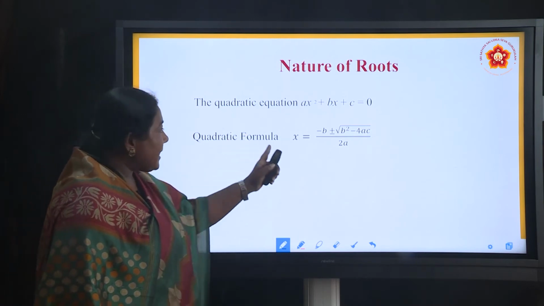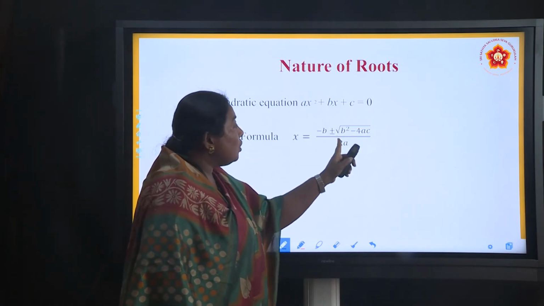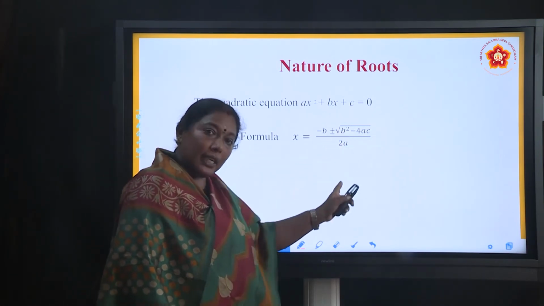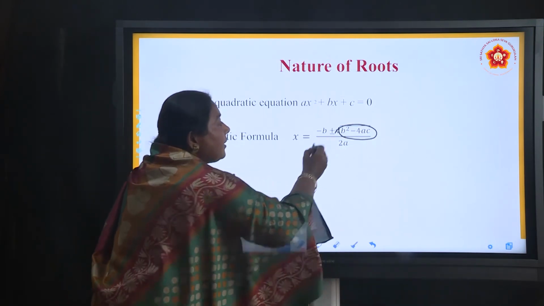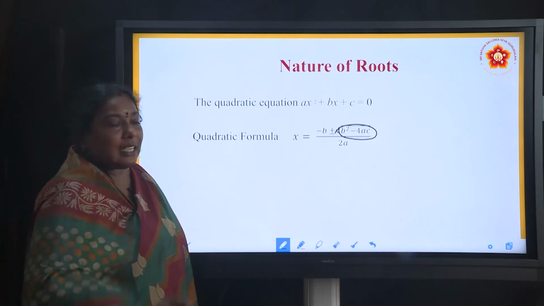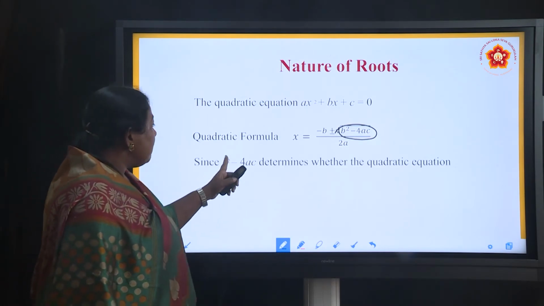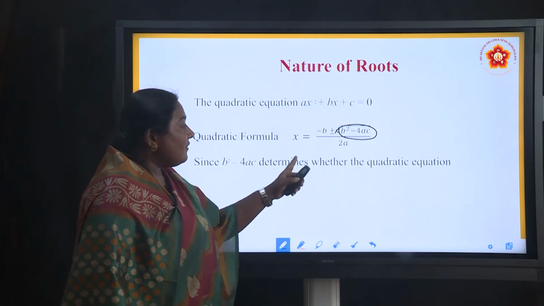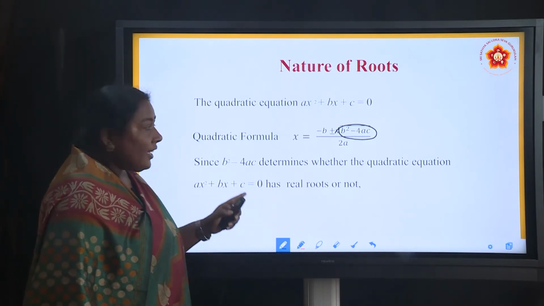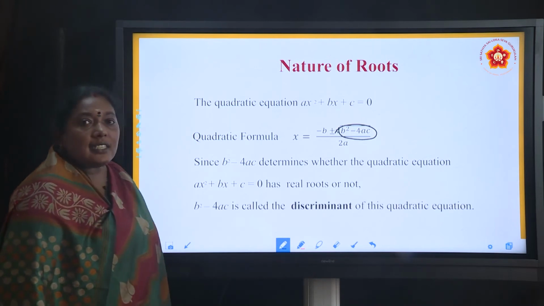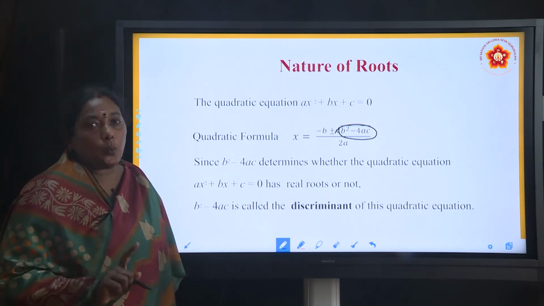Quadratic formula is x is equal to minus b plus or minus root of b square minus 4ac by 2a. Right? In this I am going to take only this part and call it the discriminant part. Since b square minus 4ac determines whether the quadratic equation has real roots or not, we call that the discriminant of the quadratic equation.